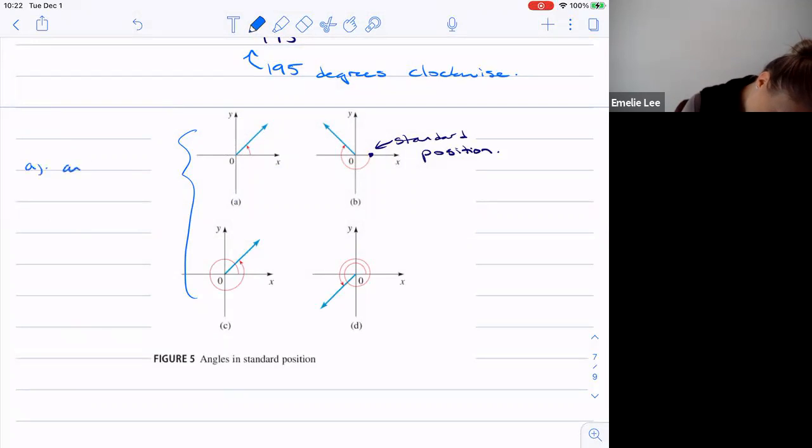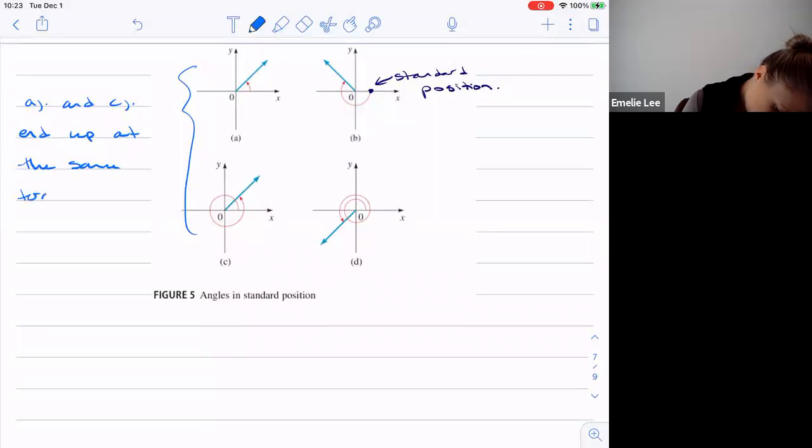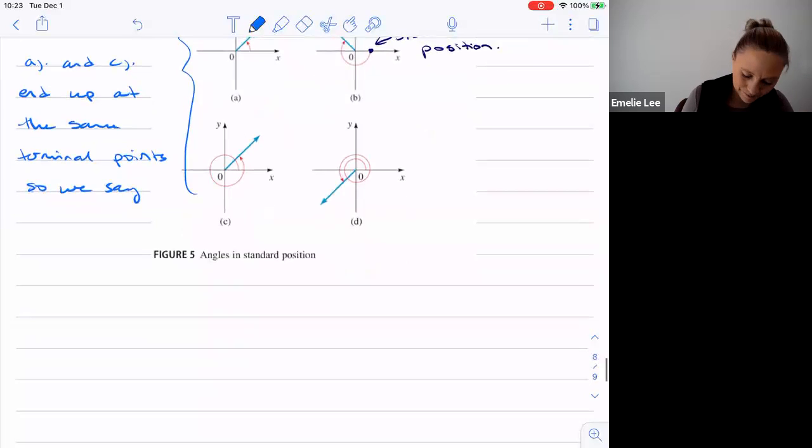So A and C end up at the same terminal points. So we say they are coterminal.